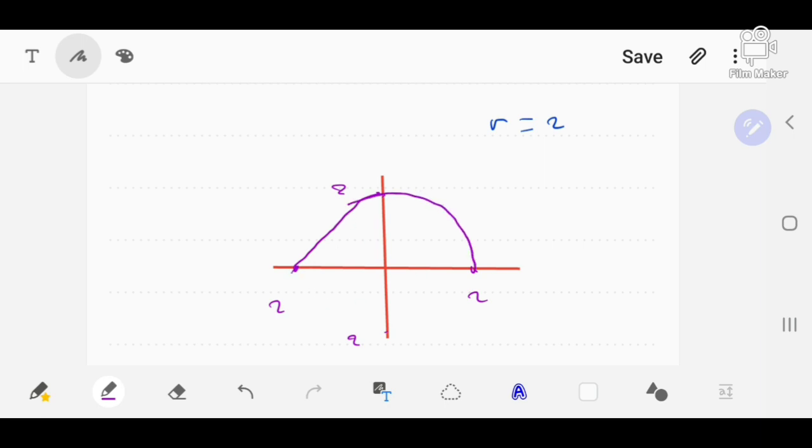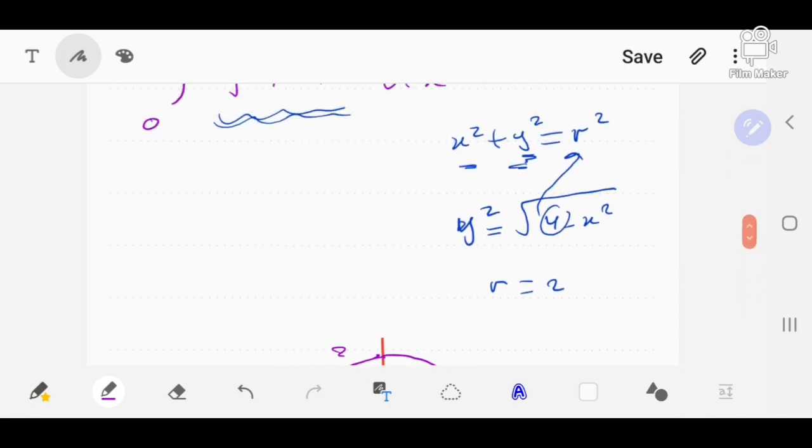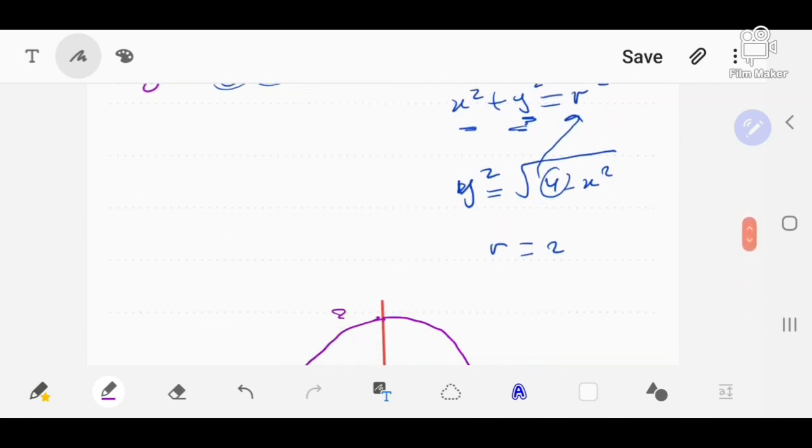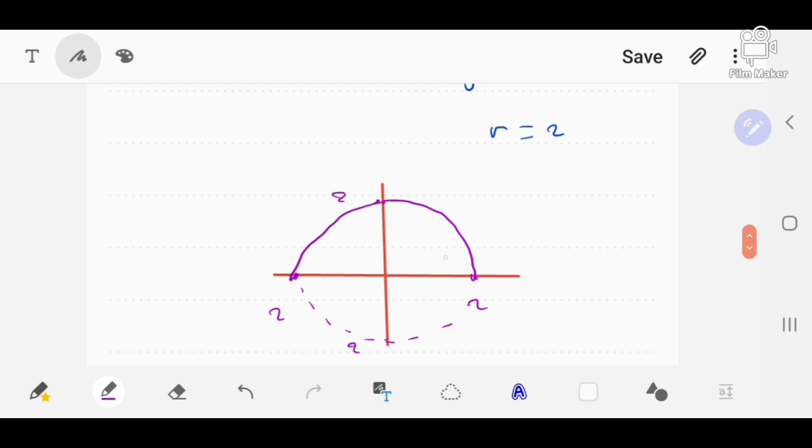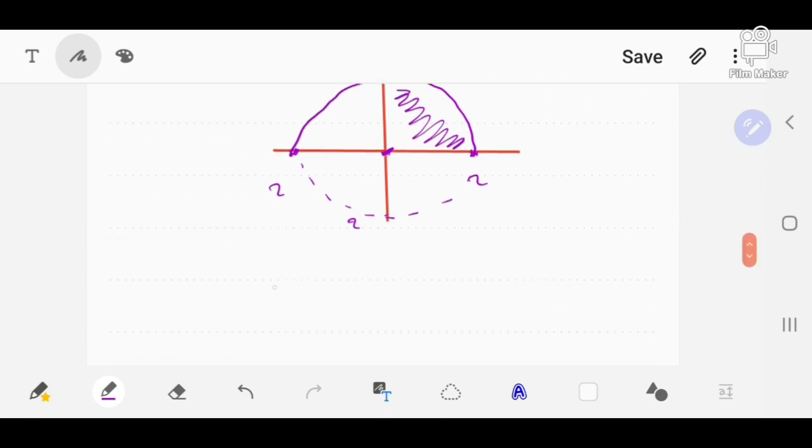Now, the area from 0 to 2, which means we are talking about this part. So actually this integration represents a quarter of the area of a circle with radius equals 2. So you just apply the area of a circle times 1 over 4.